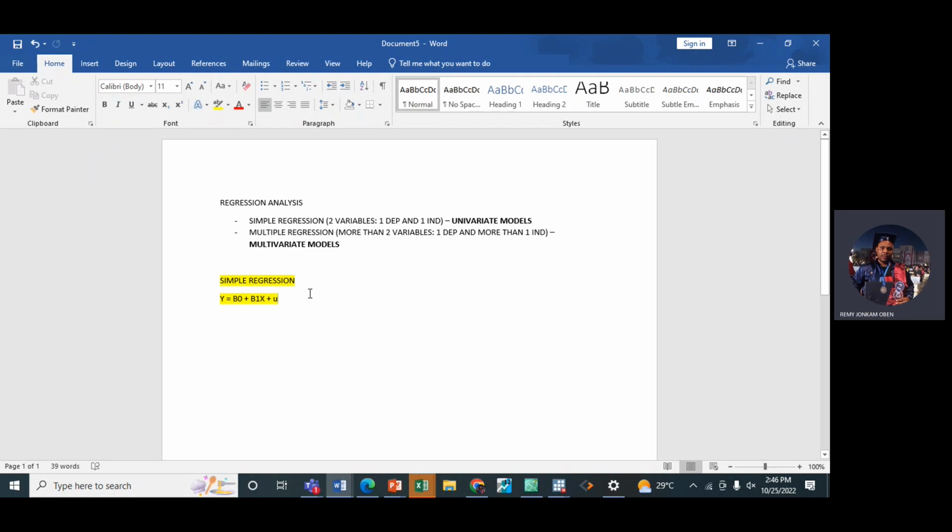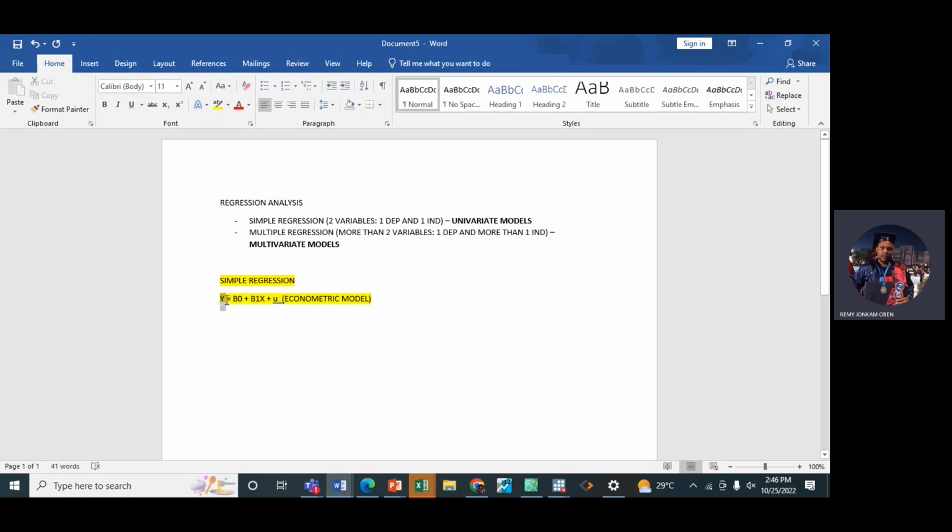Now, how do we call this? We call it our model, or you can call it the econometric model. That's the model. Now, we want to estimate these parameters. We know what y is.